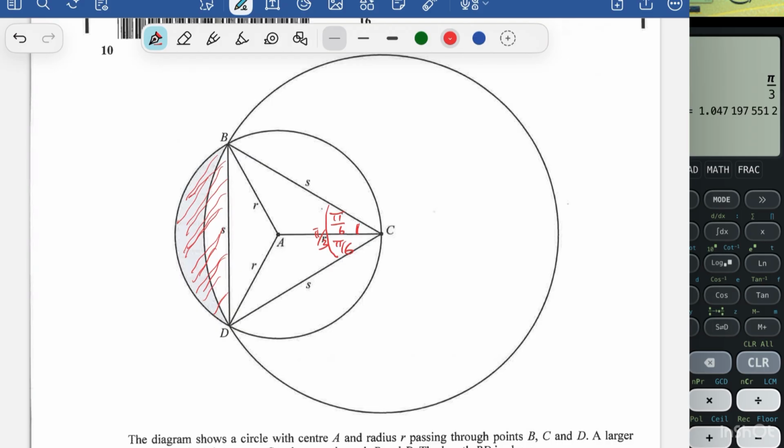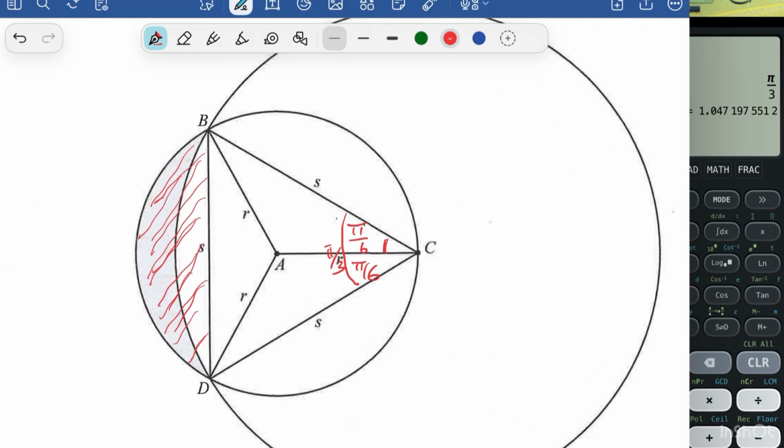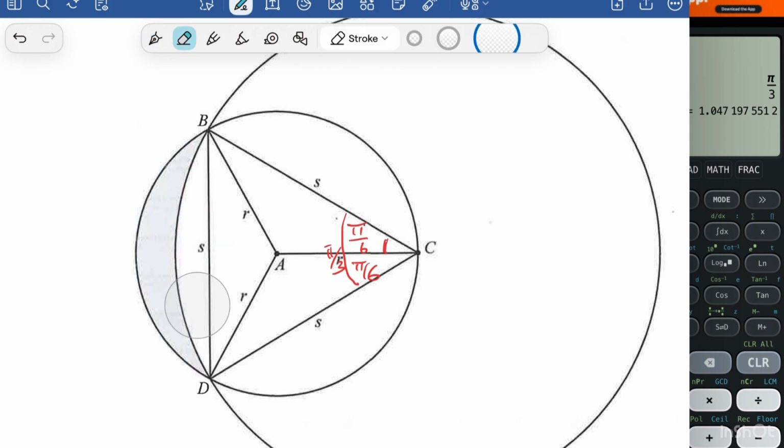Okay, because this is a sector. That's a sector for, okay, we're using the bigger circle, right? So let's see for the bigger one. That's a bigger one. So for the bigger one, yeah, that's for the bigger one. But for the smaller one, this is for, okay.